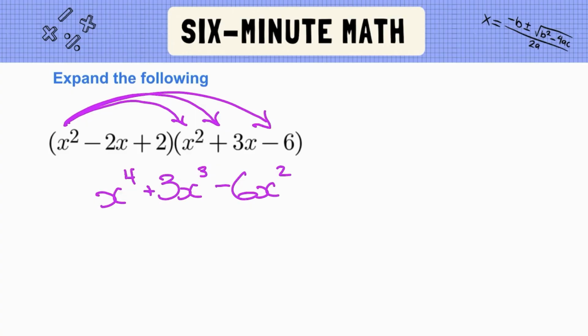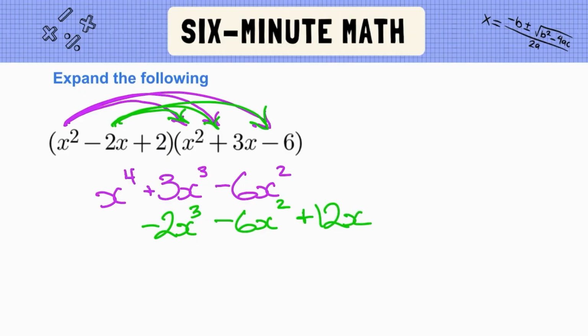For my negative 2x, I'm going to distribute that into each of my terms as well. Negative 2x times x squared is going to be negative 2x cubed. Negative 2x times positive 3x is going to be negative 6x squared. And then negative 2x times negative 6 is going to be positive 12x.